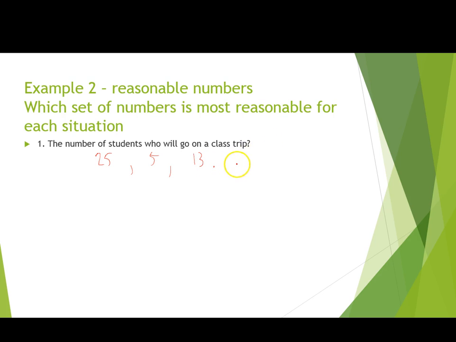What we can't have is negative 15 students, or the square root of 27 students, or 3.5 students. Those are not possible numbers. So the only number set that would work in this case is whole numbers.